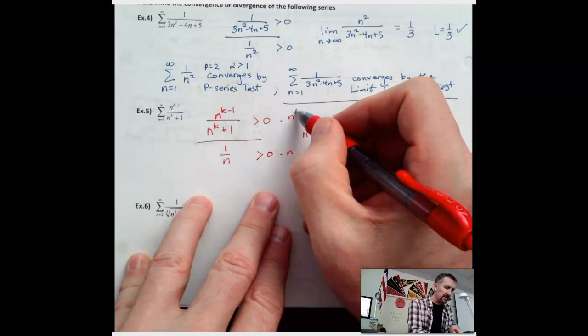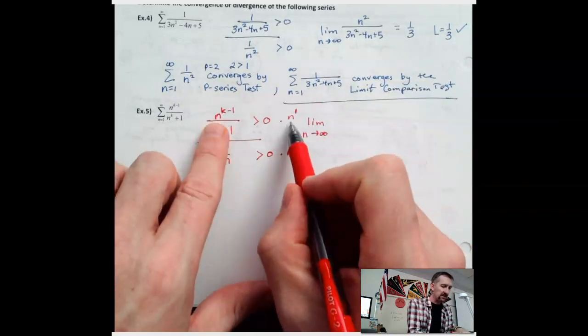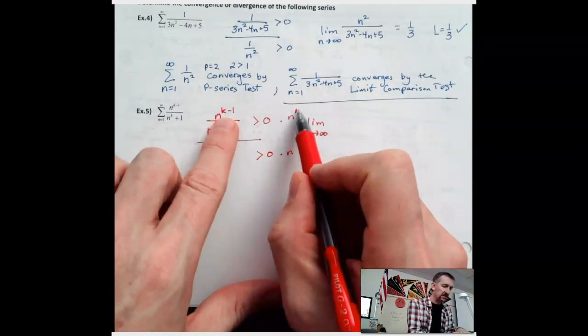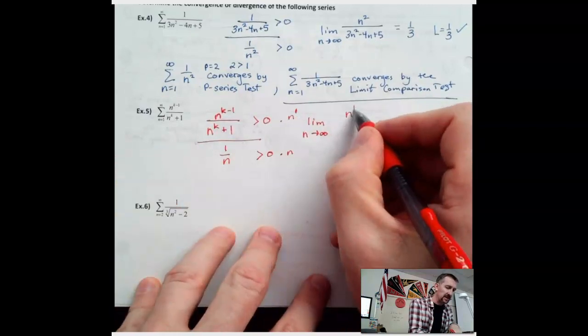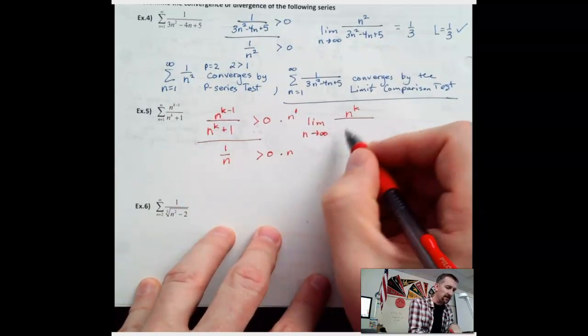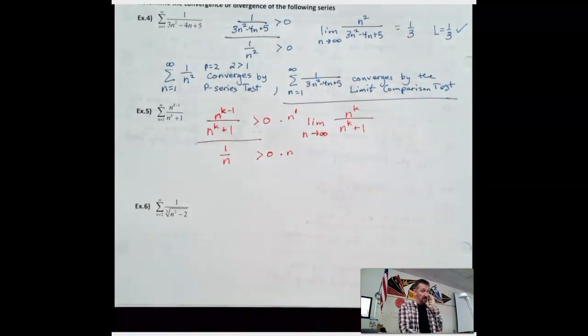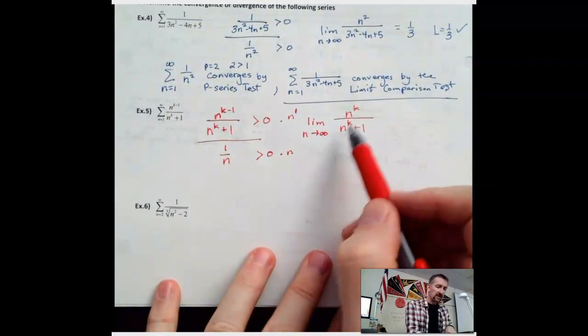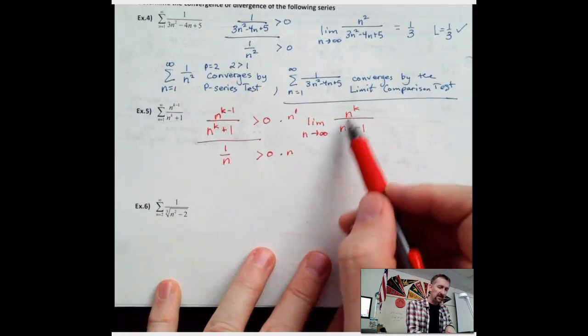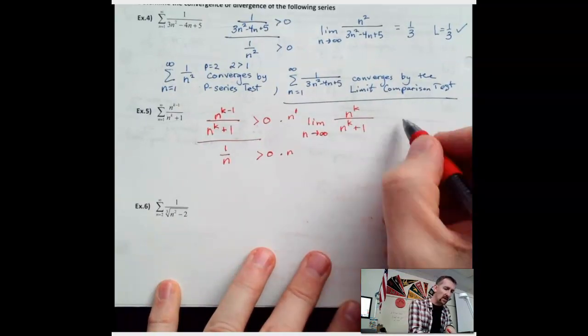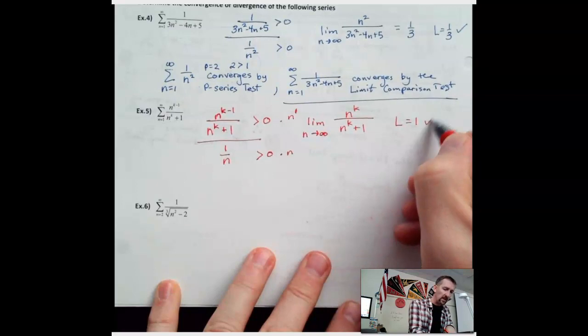So that's going to cancel that out, and we get n to the k over n to the k plus 1. If we plug in infinity here, this doesn't really matter. Those are the same. That's going to be 1. So the limit equals 1.